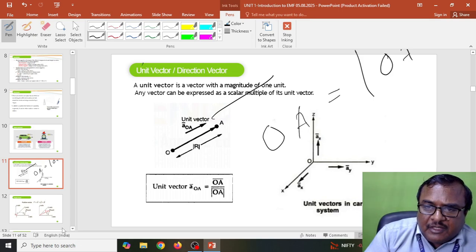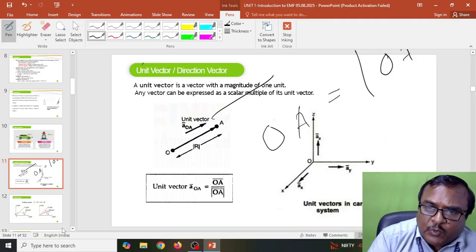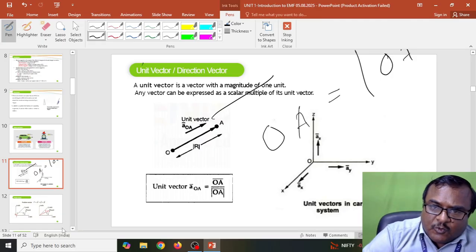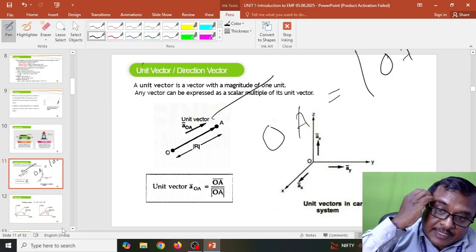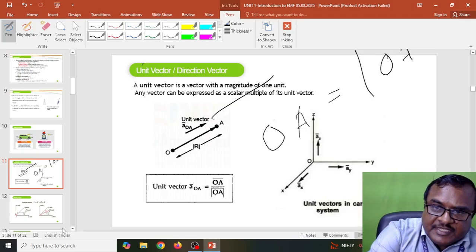Now the vector locations in a Cartesian system, where we have x, y, z axes. The vector along the x axis is called the ax vector, similarly the vector along y is the ay vector, and the vector along the z axis is the az vector.